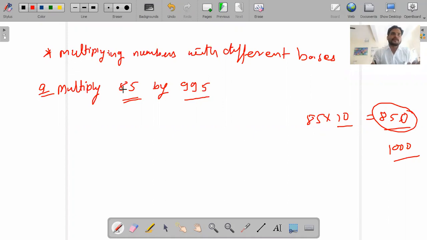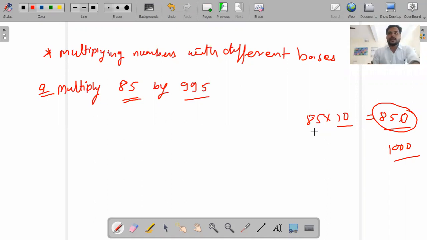Any doubt here? What is our idea? The idea is to make the base the same for both the numbers. To do this, I have to multiply 85 with 10, so that the base will be the same.